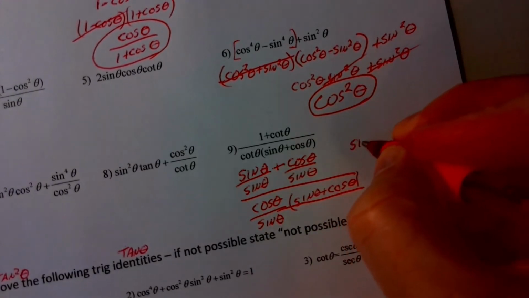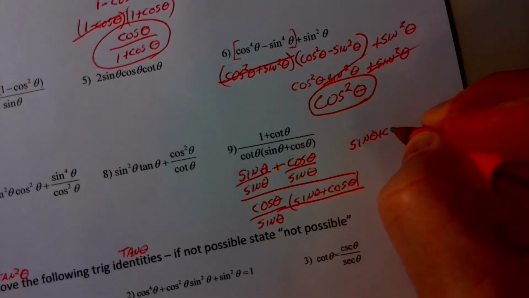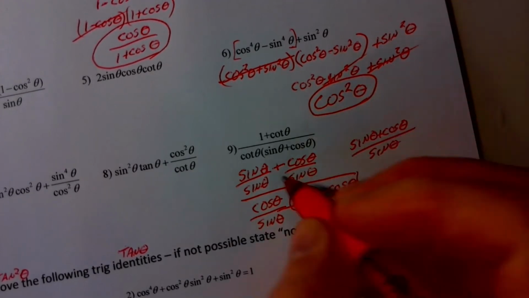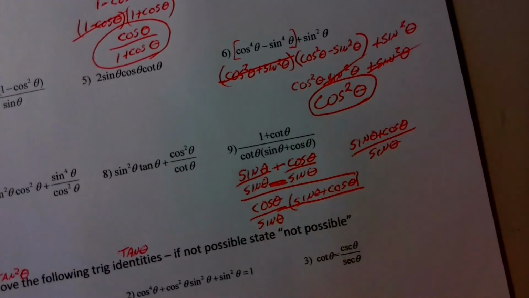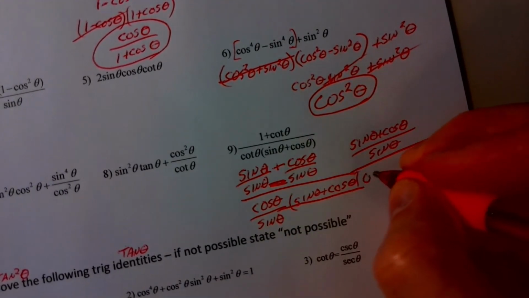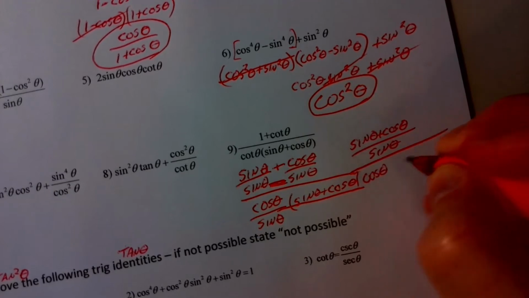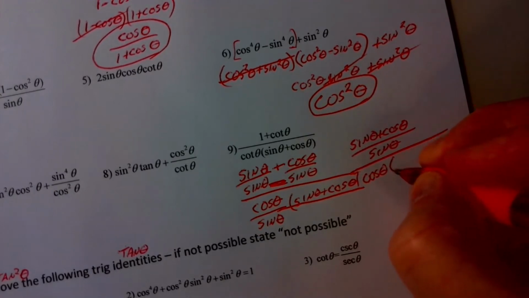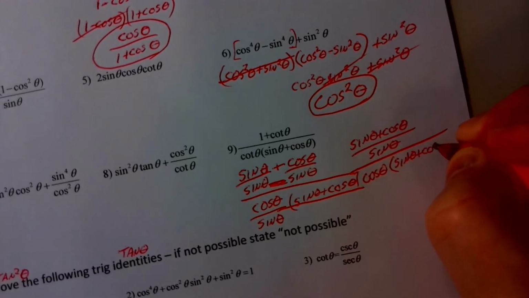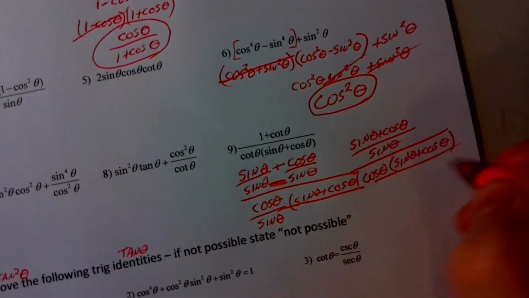So now I've got this. I've got sine theta plus cosine theta over sine theta, because they're common denominators, divided by, now I got this, cosine theta times parentheses sine theta plus cosine theta over sine theta.